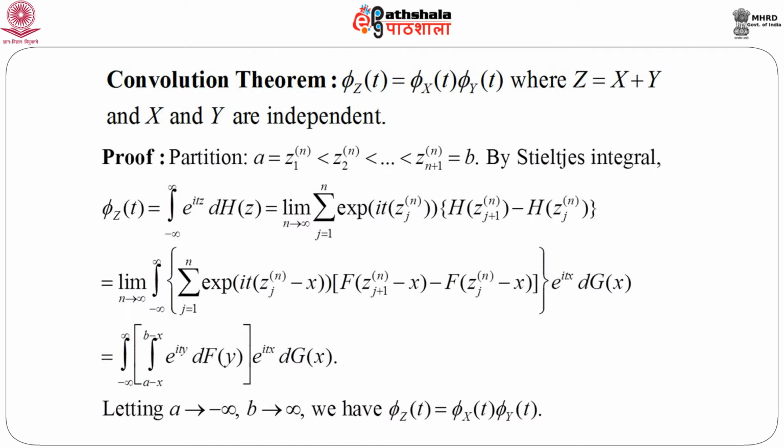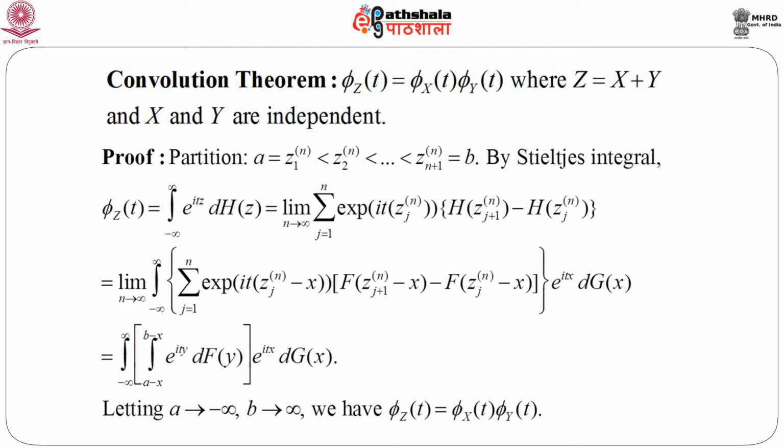That means, we introduce n plus 1 points to get the partition, and write the characteristic function of Z as a Stieltjes integral: the integral from minus infinity to infinity of e to the power itz dH(z), which is nothing but the limit of this entire sum. Here the function is e to the power itz, so e to the power itz_j^(n) into H(z_(j+1)) minus H(z_j).